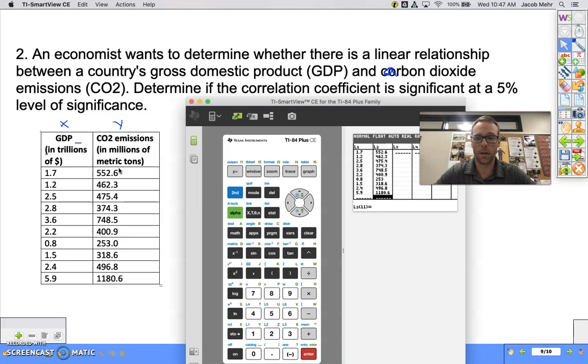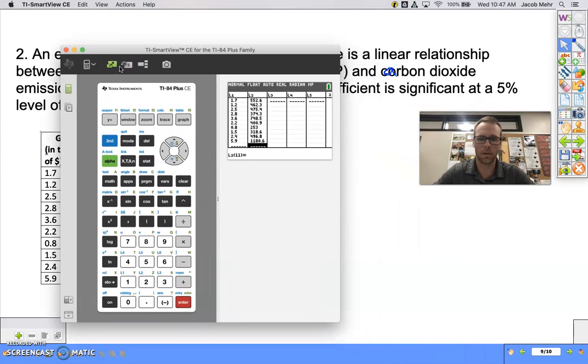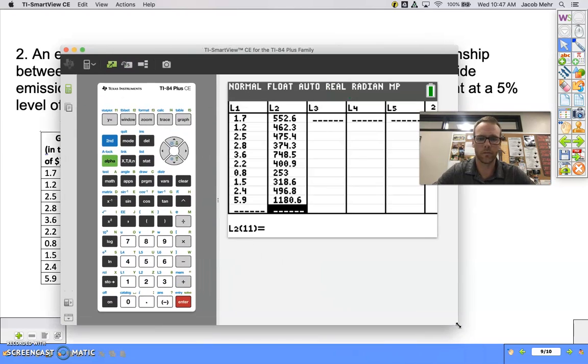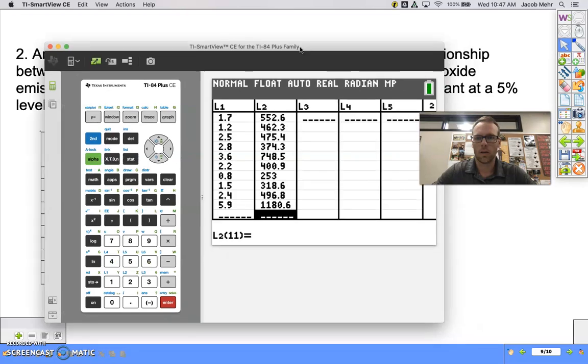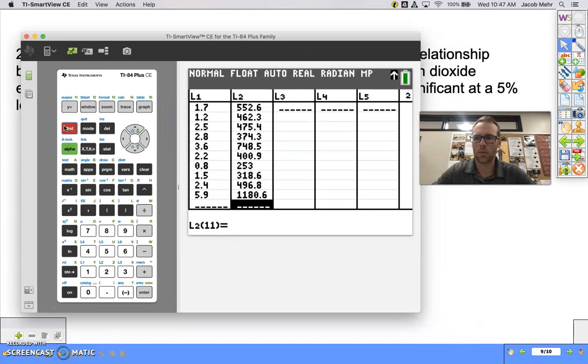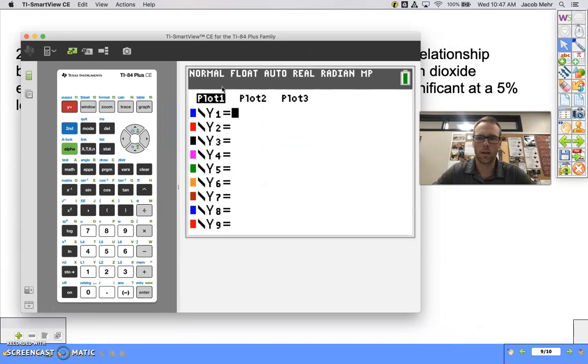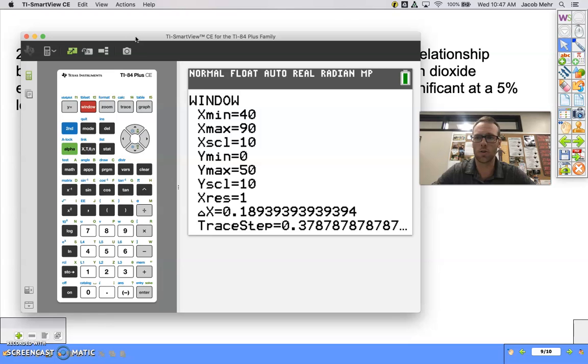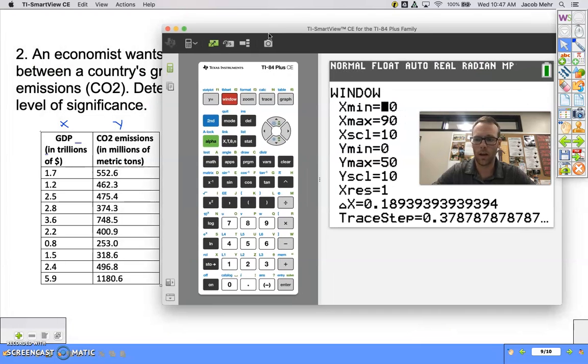All right, so I have them in. Let me just make this a bit bigger for you guys. Now, our plot 1 should still be on, right? If I go into y equals, our plot 1 is still on, which still had a list 1 and list 2 set up, so that's good. What I'm interested in here is changing the window, and our GDPs are small numbers.